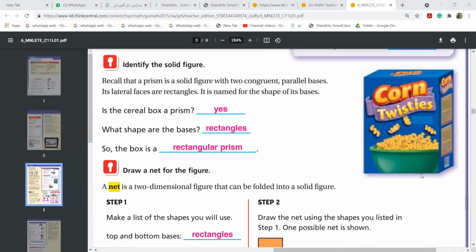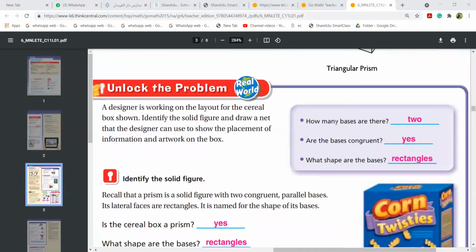Do you have any idea, or shall I show you by opening the cam? Do you understand my point? One in the front and one at the back. These are the bases. The sides are the lateral sides, right? So there are two bases. And then, are the bases congruent? What is the meaning of congruent?